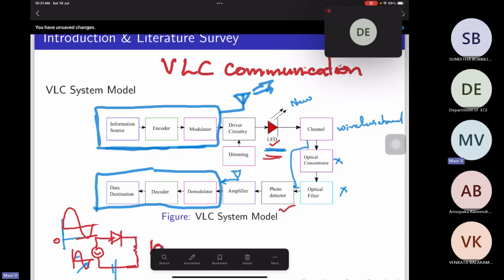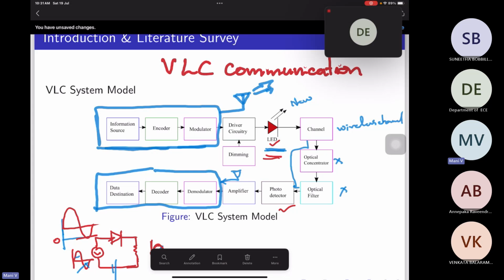Then what alternative technology can be adopted in 5G and beyond so that we can give access to all of the users in this network? Another alternative technology is a visible light communication system, which works with LEDs.